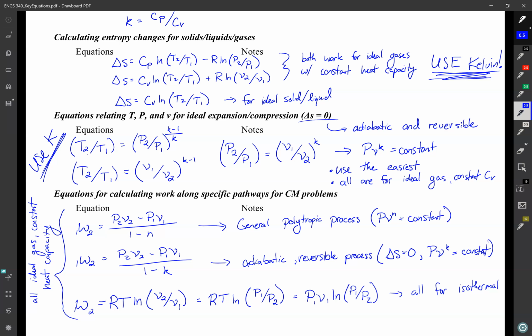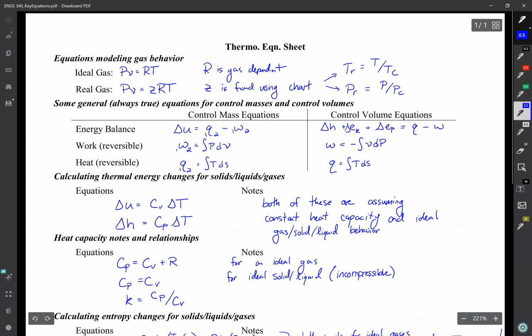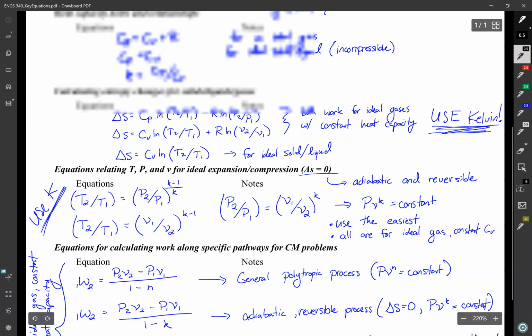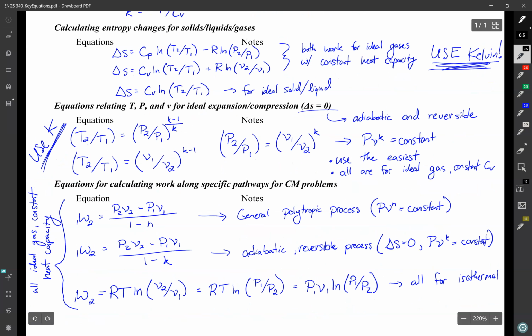Really, all of those are different ways to solve this general equation up here at the top for a control mass. So all of those are specific solutions of that along these specific paths, these specific pathways.